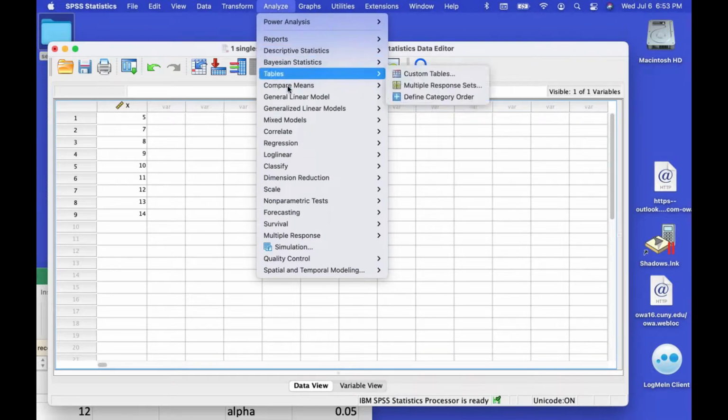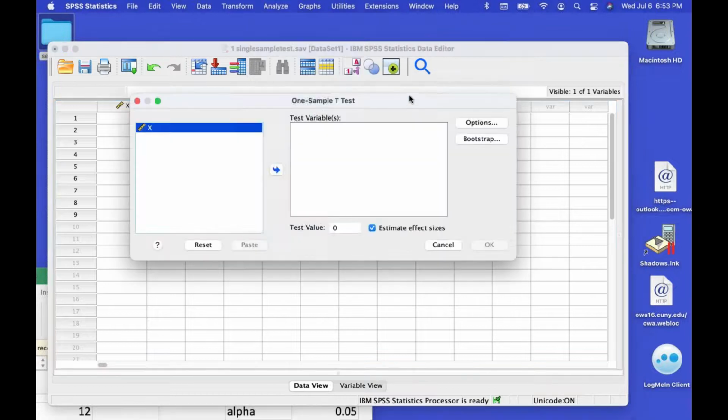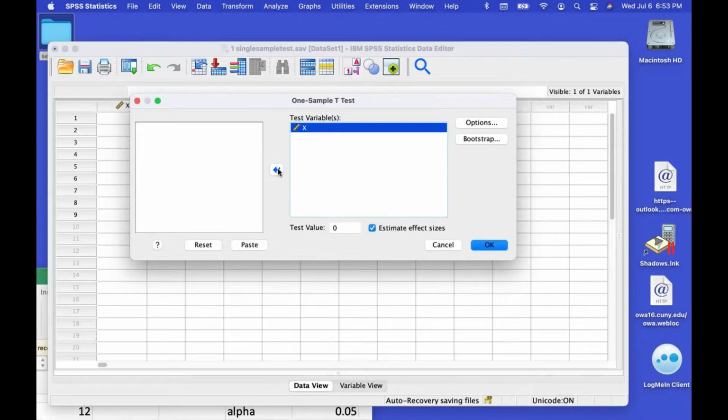I'm going to compare means, right? It's a single sample test, which means there's only one sample. I'm going to take the values for the variable x, move them into the test variable, and compare it to a known mean, a test value of 8.5, as we did before. And I'm going to click OK.